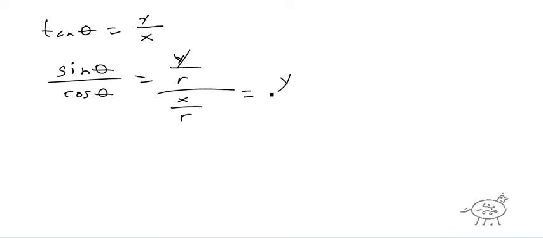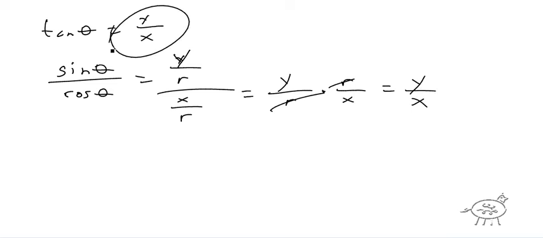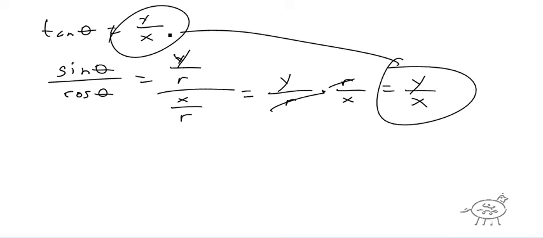And doesn't that turn out to be y over r times the reciprocal? And the r's cancel, and we get y over x. Interesting. So really the tangent is y over x, which is sine over cosine. That's an interesting thing, but it's very important to understand that.